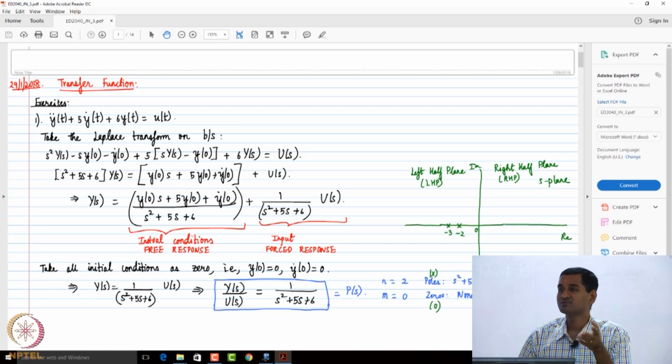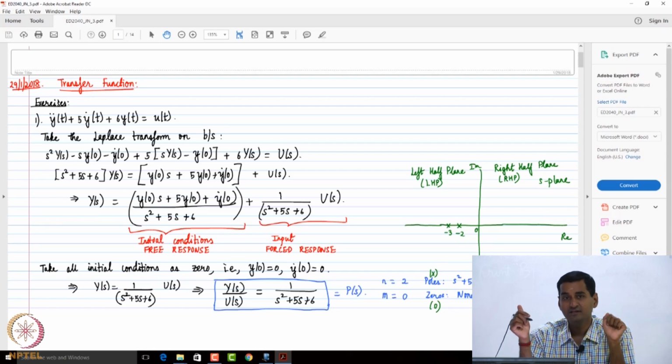For any given values of y0 and y dot 0, we are going to get some terms which have e power minus 2t and e power minus 3t. Do you agree? Let's not worry about the forced response now, just the first part alone, the free response. What can you say about those terms as t tends to infinity? They will go to 0.